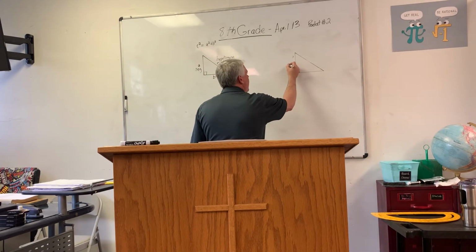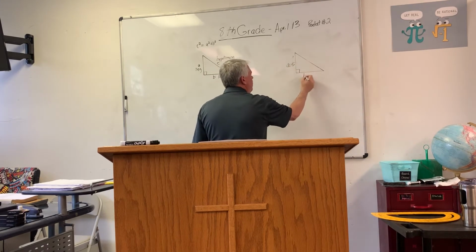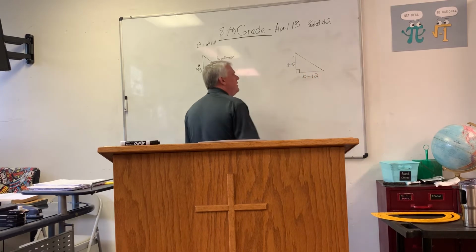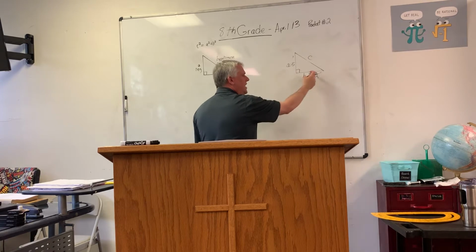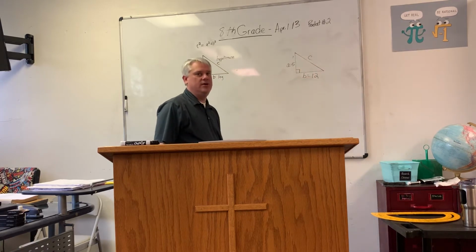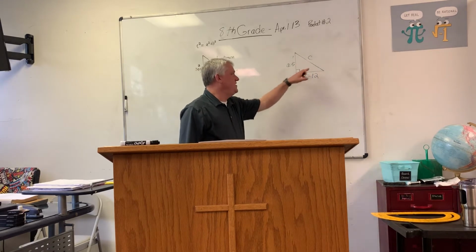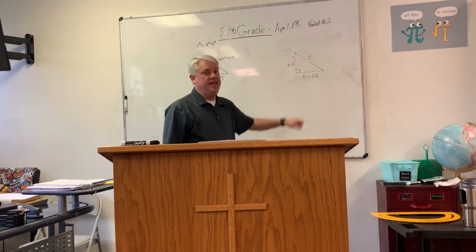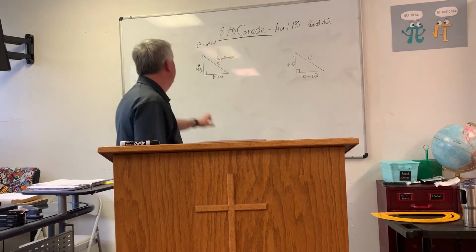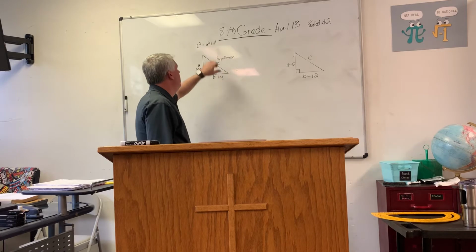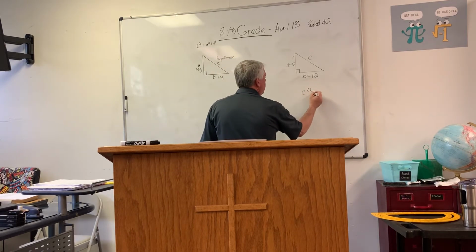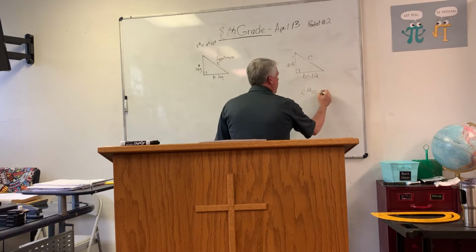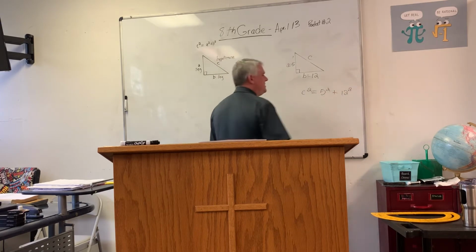Let's say A was 5, B was 12, and we know this is the hypotenuse, the long side across from the 90-degree angle. We're finding C. So we're going to substitute in for A and B in our formula here. So c squared equals a squared plus b squared.